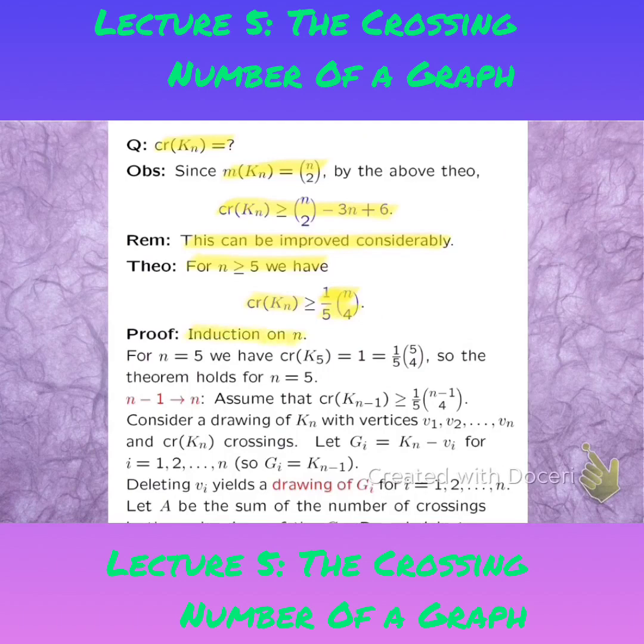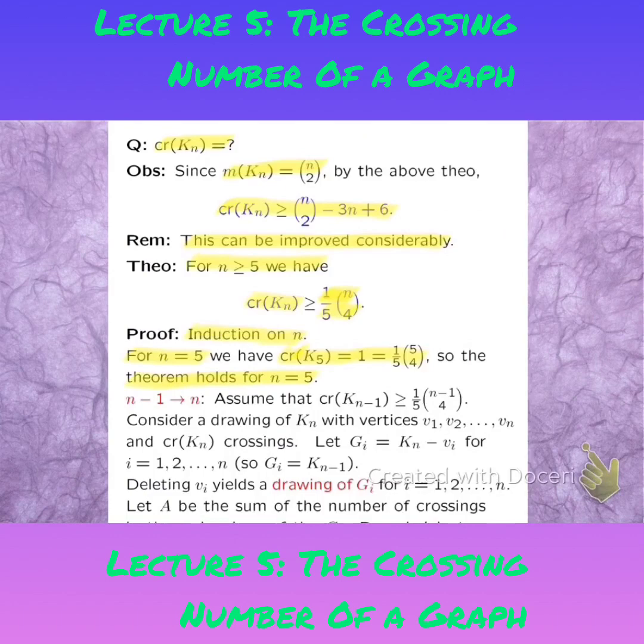Right, so we use induction on n. The result is obviously true if n is equal to 5. When n is equal to 5, then the crossing number of K5 is obviously 1, and so the theorem holds for n equals 5.